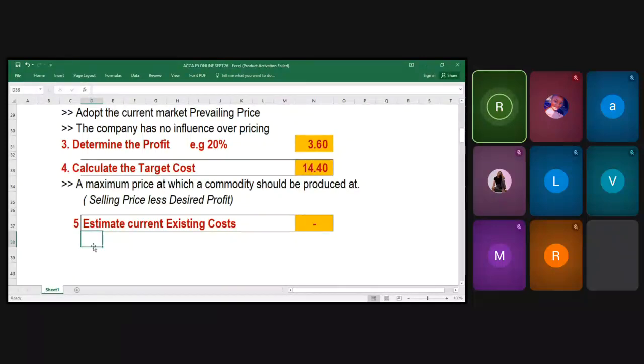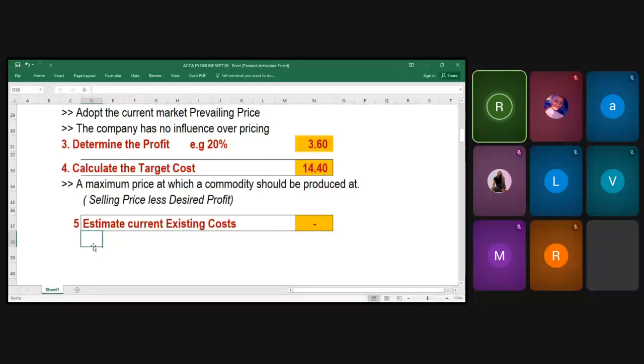So you look at the labor. How much is labor in the market? Number 2, how much is material? We have different types of materials, etc. What are the activities? Where to hire machines? What are the variable overheads? What are the fixed overheads?